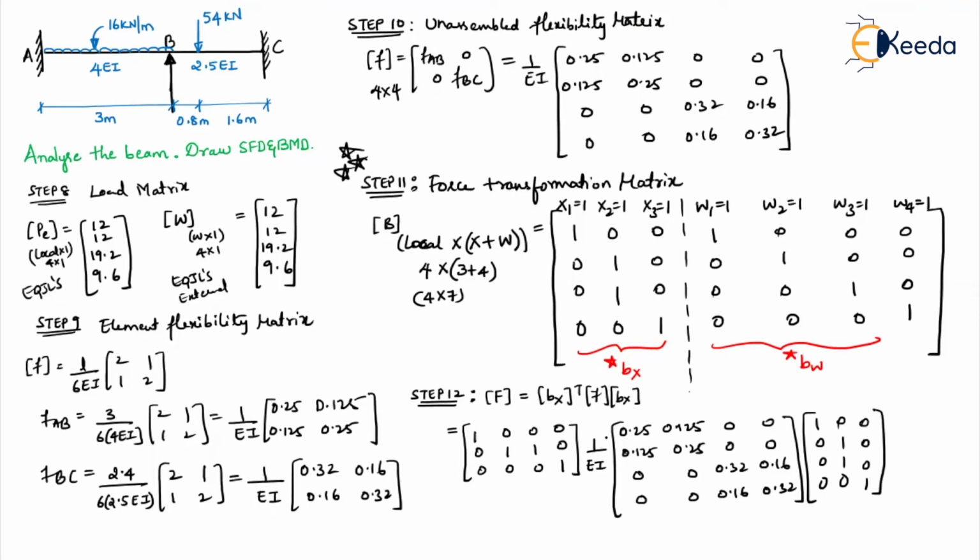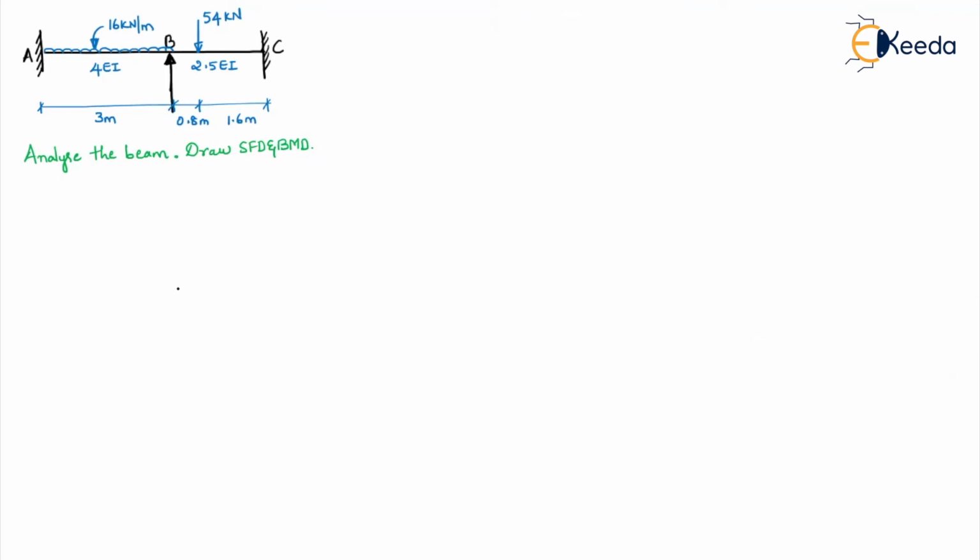Okay. Now always multiply these two first. So this is a 3 into 4 matrix and this is a 4 into 4 matrix. This and this are same, so we will get a 3 into 4 matrix. So let me write it here.